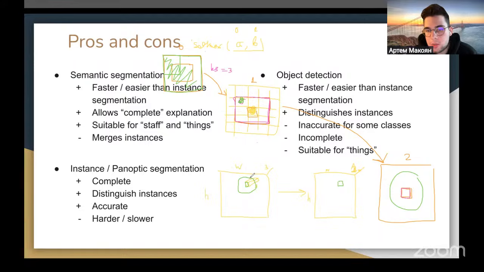So if you want to train a simple segmentation, you can use some convolutional network. Don't forget to check the receptive field. Any questions? It's a very basic approach, and next we will talk about more complex architectures.